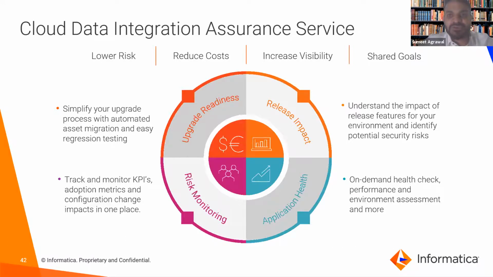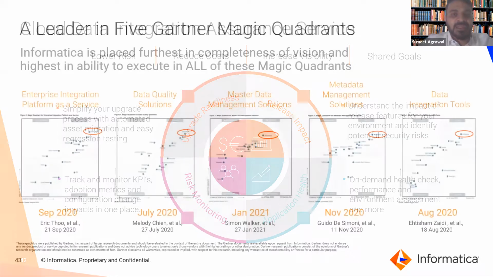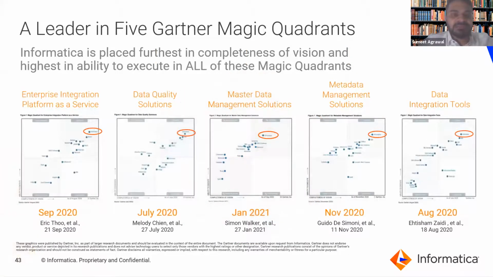We also provide an assurance service program, which means that we can even provide you help on upgrade readiness, risk monitoring, and all of that. And we are the leader in all the magic quadrants of Gartner, whether it's data integration, iPaaS, or MDM. We participate in 5 magic quadrants of Gartner, and we are the clear leader in all these 5.